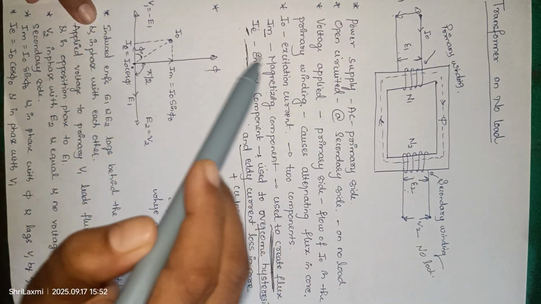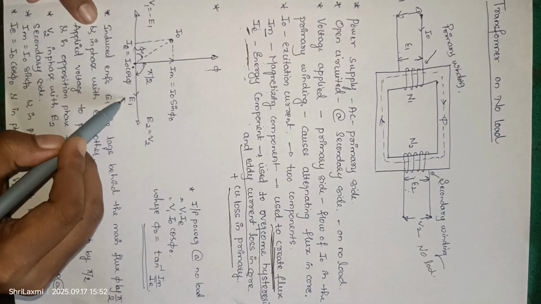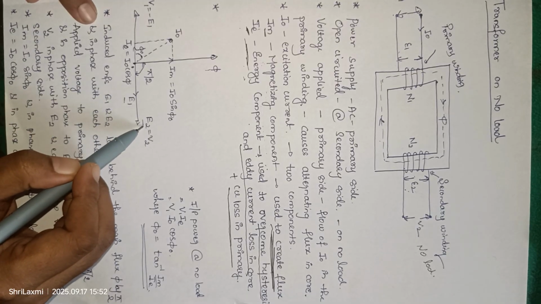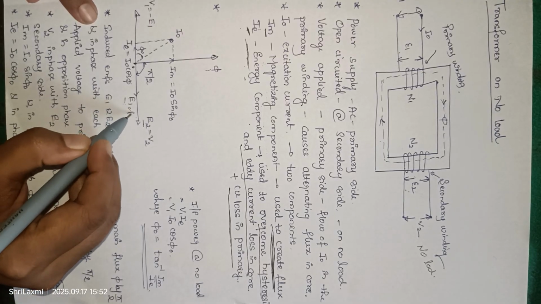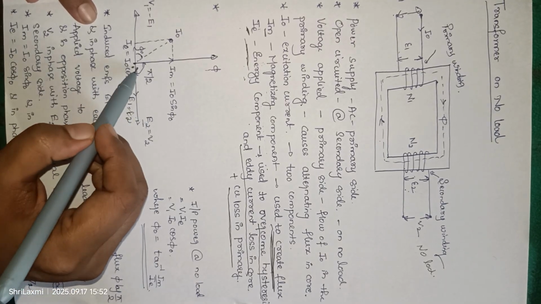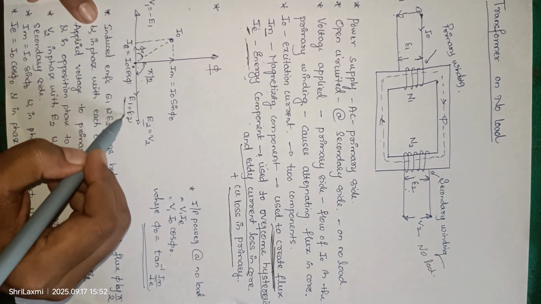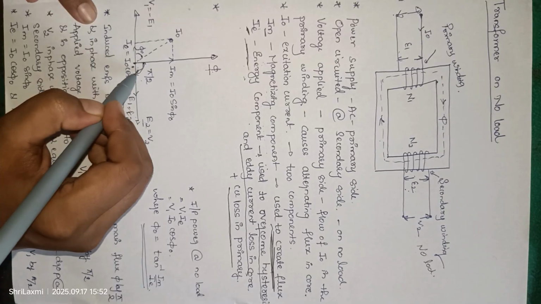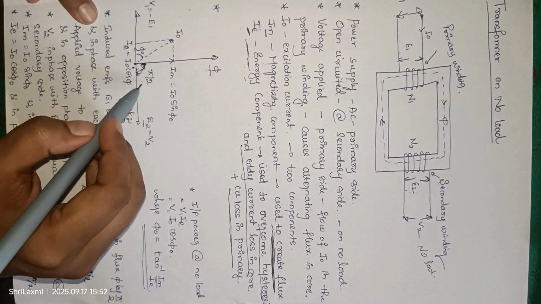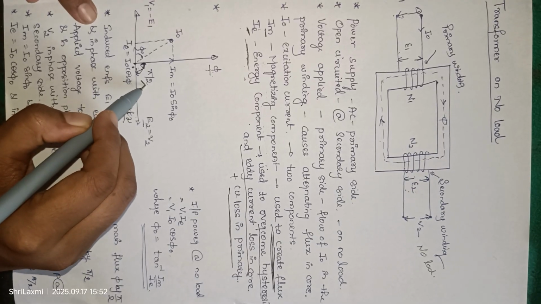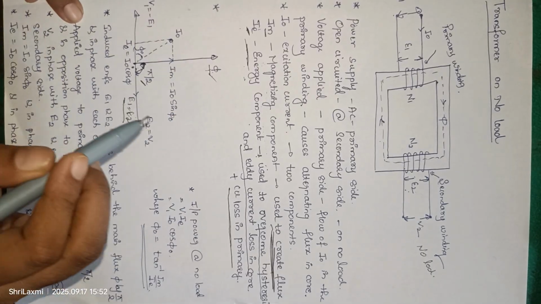Induced EMFs, as per the phasor diagram here, E1 and E2 are always in phase with each other. So E1 is in phase with E2 and lags behind the main flux phi. This is the flux, and these are EMFs E1 and E2. If you consider the angle between these induced EMFs and the main flux, the pi by 2 angle is the difference, and E1 and E2 always lag behind the main flux.